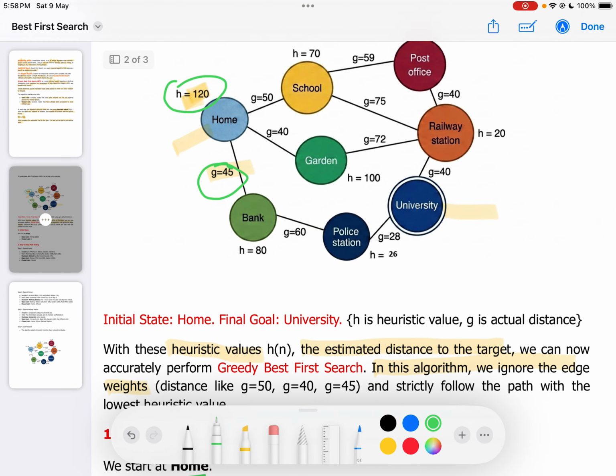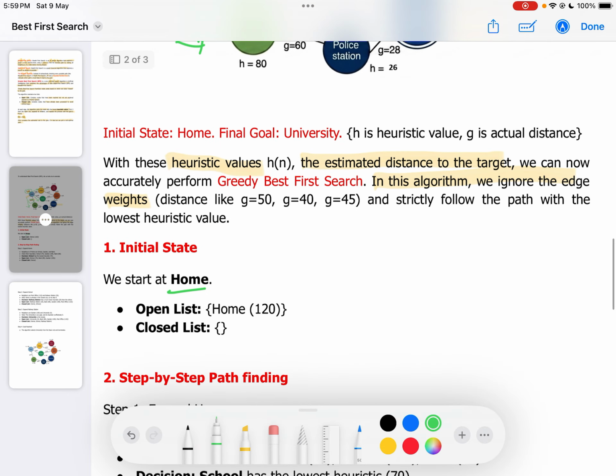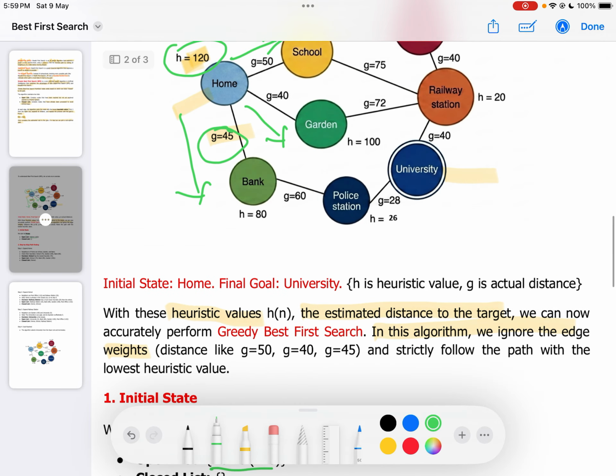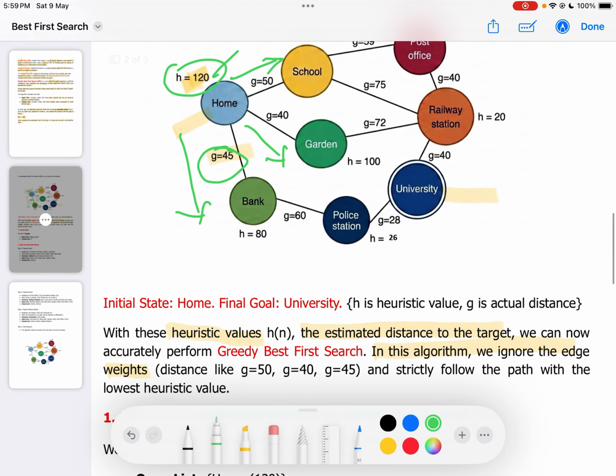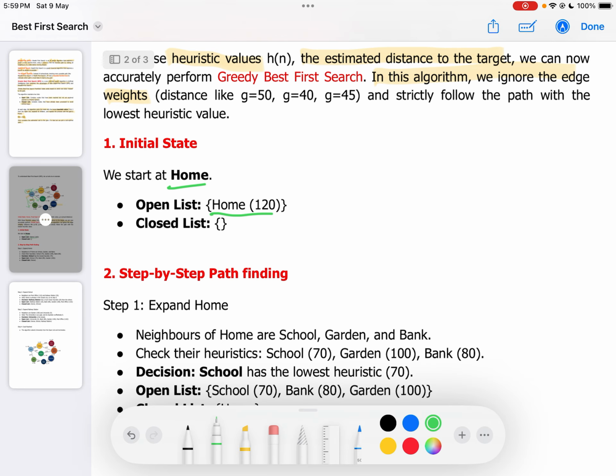From home, what are the options that we have? We have school, we have bank, we have garden. Three are there. Home is 120. Opening the list: first step, the open list is home, where we start. The closed list is empty.